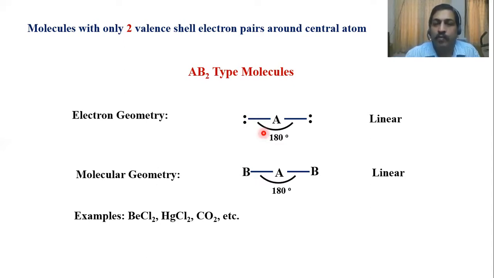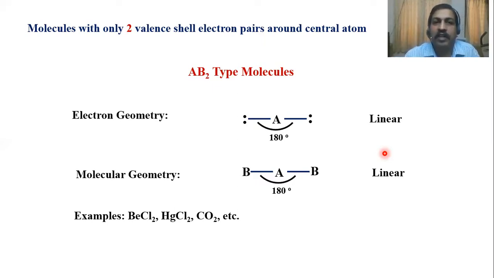Now molecular geometry is the arrangement of atoms in the molecule. The arrangement of atoms depends upon the arrangement of bonds or the bond electron pairs. So for an AB2 type molecule, the molecular geometry is the same as the electron geometry. It is linear. Beryllium chloride, carbon dioxide and mercury chloride are AB2 type molecules.